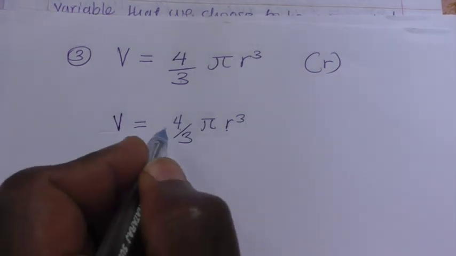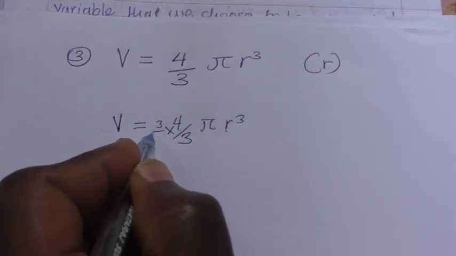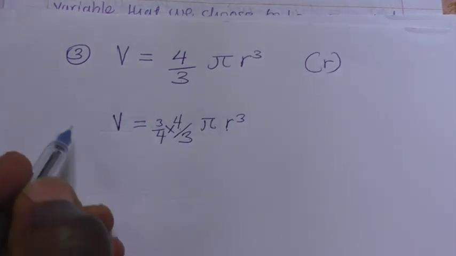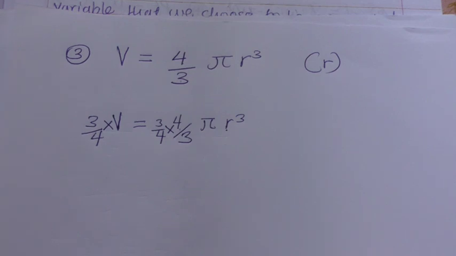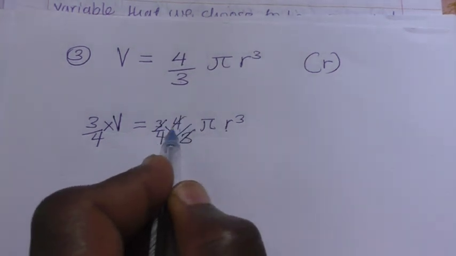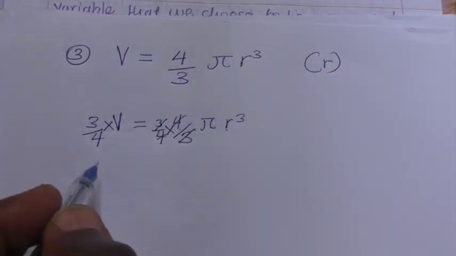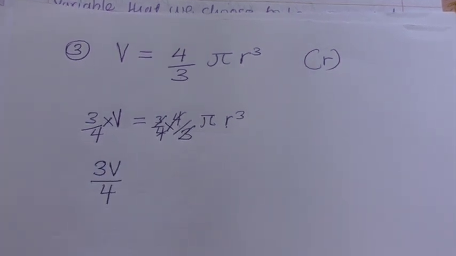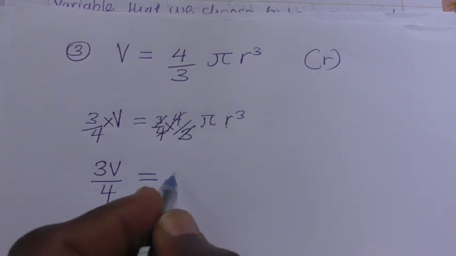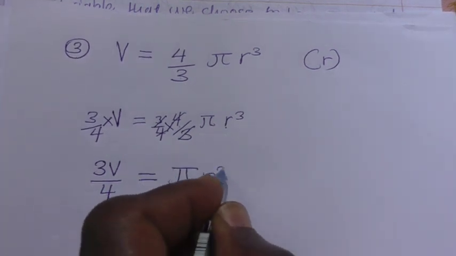That is, we multiply by 3 over 4, and we also multiply by 3 over 4, so that these ones will cancel, and therefore we shall have 3V over 4 equaling pi r cubed.